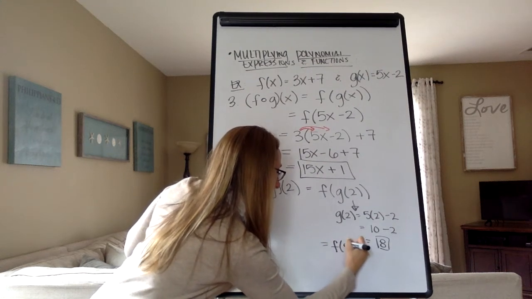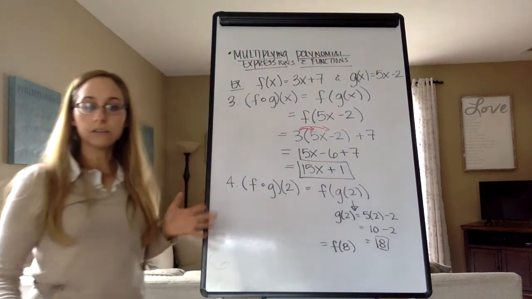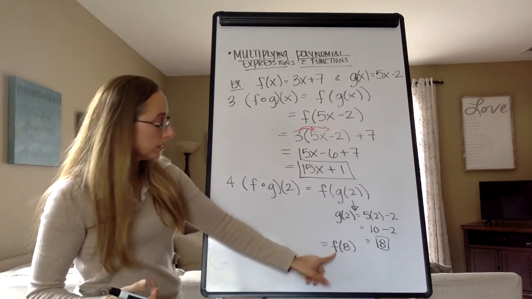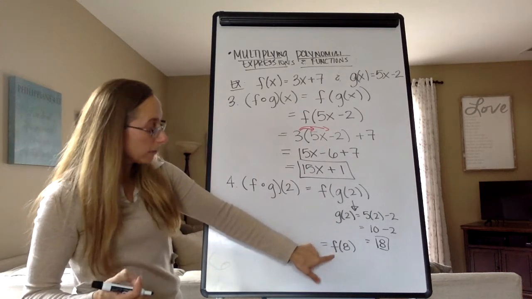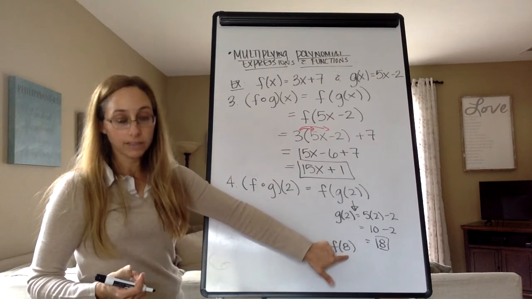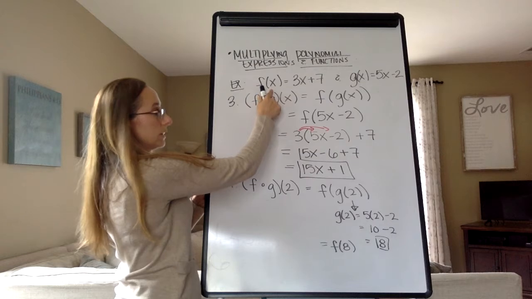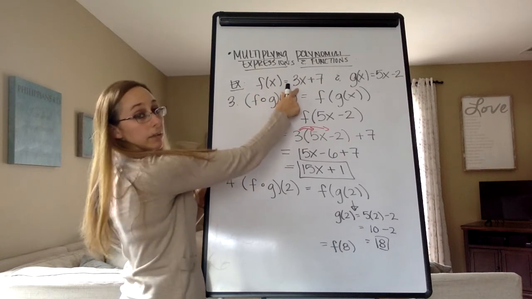So now we have f of 8. What is f of 8? I don't know, we have to plug it in. What is the value of the function f at the x value of 8? Here's our function f. Let's plug it in and find out.